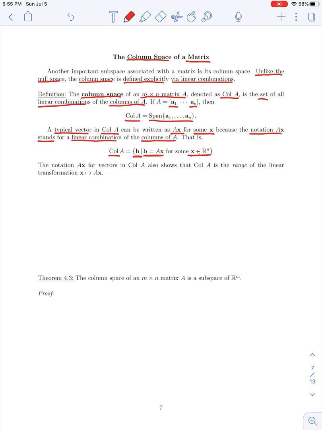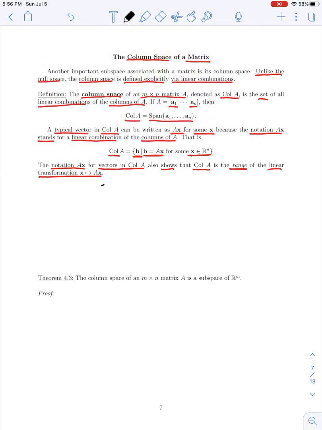Now this notation, A times x for vectors in the column space of A, also shows that the column space of A can be thought of as the range of a linear transformation where x maps to A times x.